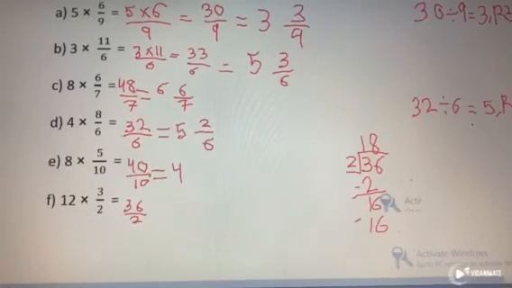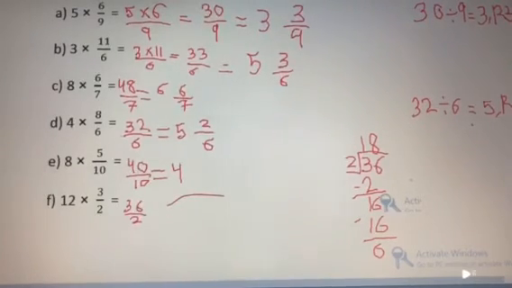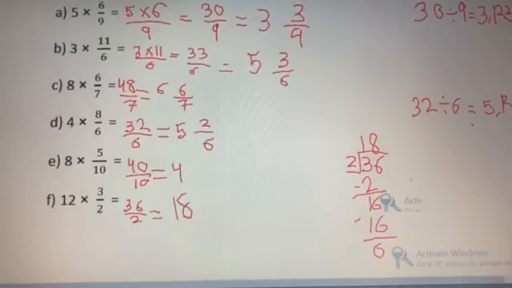Now 16 minus 16 equals 0. Then the answer is 18 and remainder 0. Then 36 over 2 equals 18.